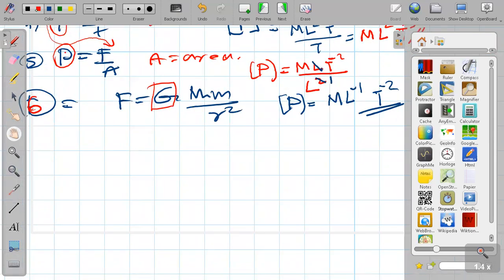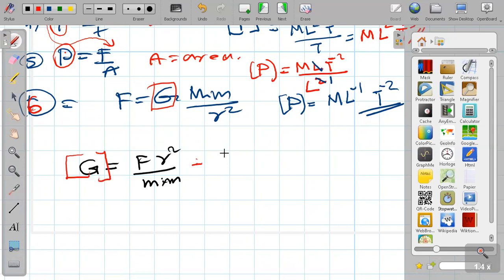Right. Now for the next part. Here, first thing is you have to make G the subject: G equals F R square over M square. F is ML T minus 2, and L to the power 2 divided by M to the power 2.